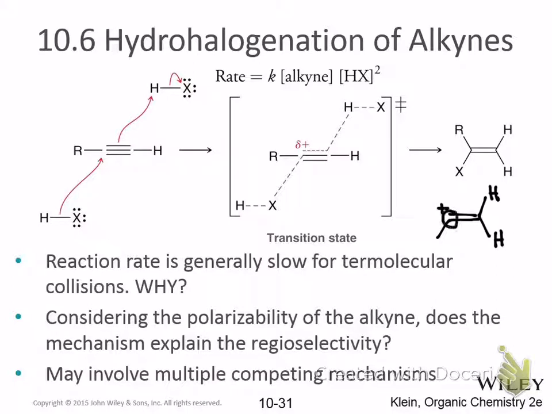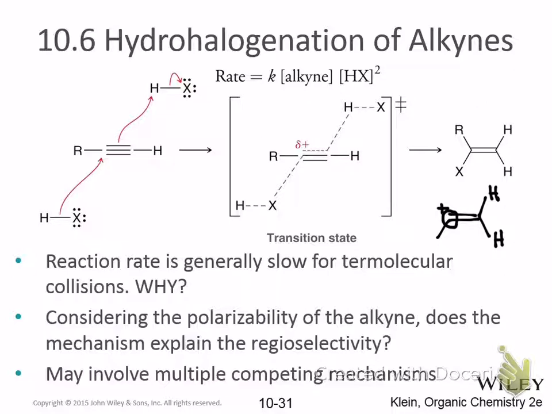What's the hybridization of this carbon? It's sp hybridized, right? It only has two groups on it. So as a result, it's a very electronegative kind of atom. It holds whatever charge it has very close to the nucleus. And because that charge is positive, and what's the charge of the nucleus? Positive, right? That's a very unstable structure.